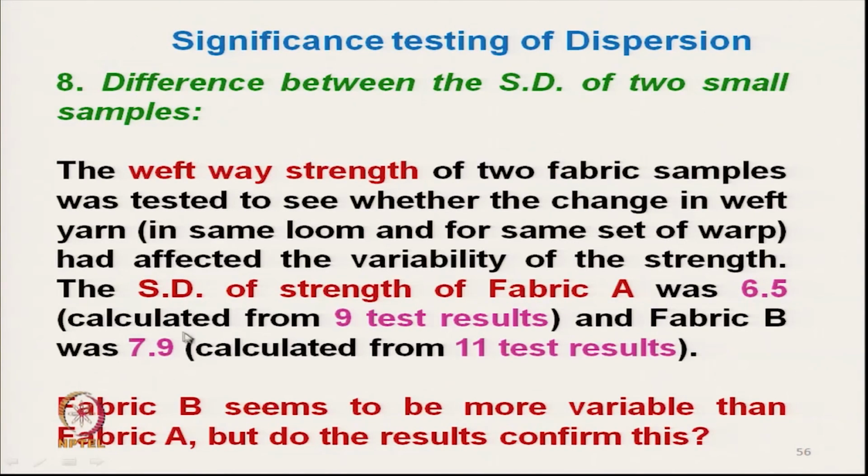So, we can assume the square of this as V1, that is variance 1, and variance 2 will be this one. The F value will be 7.5 square by 6.5 square. We will look at the table for 10 degrees of freedom against 8, and whatever value we get, that F value we have to compare.